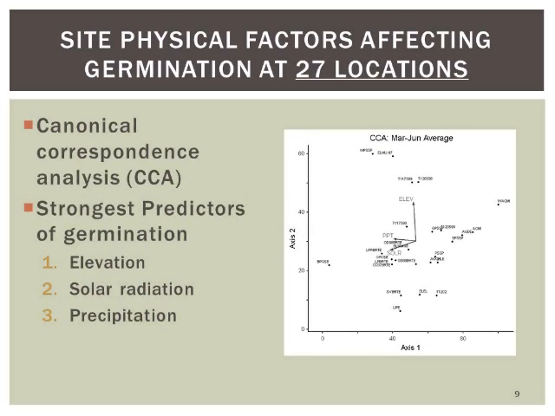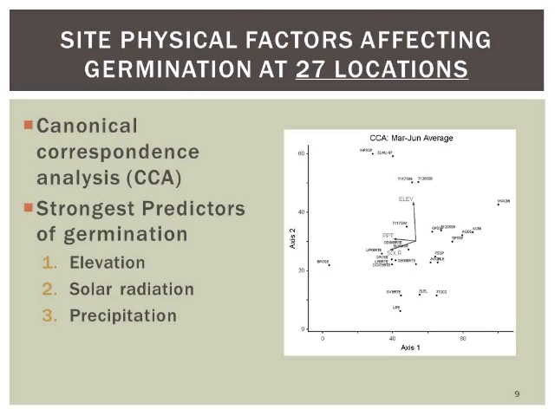So I wanted to look at site characteristics and see which of them are having the strongest influence on germination. We looked at elevation, solar radiation, precipitation, air temperature, and slope, and we use them to explain the variation we see between the different plant materials.